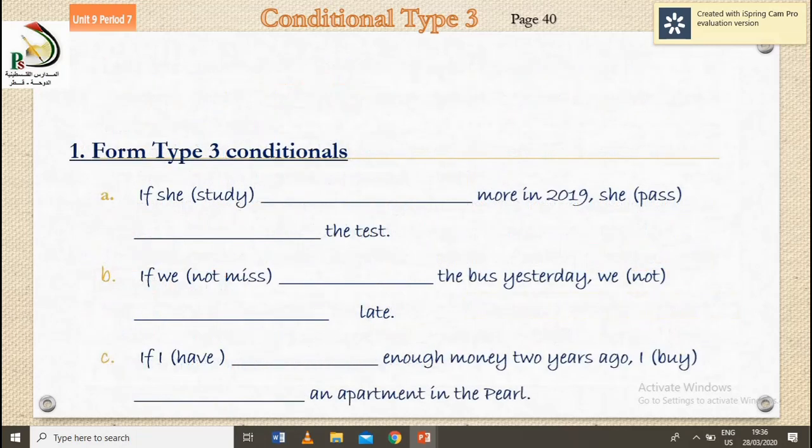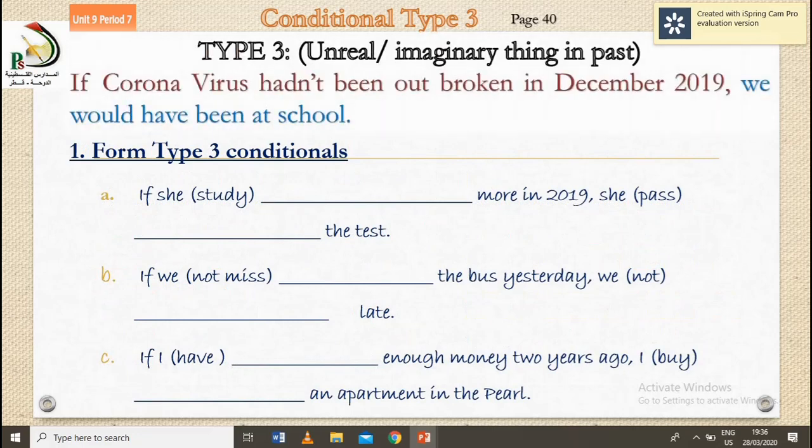Let's continue with one more example from my side. See, right now all of us are having this coronavirus situation. So I wrote an example here. Type 3, unreal imaginary thing in the past. If, now see, we are doing home based learning. Why? Because of this coronavirus problem.